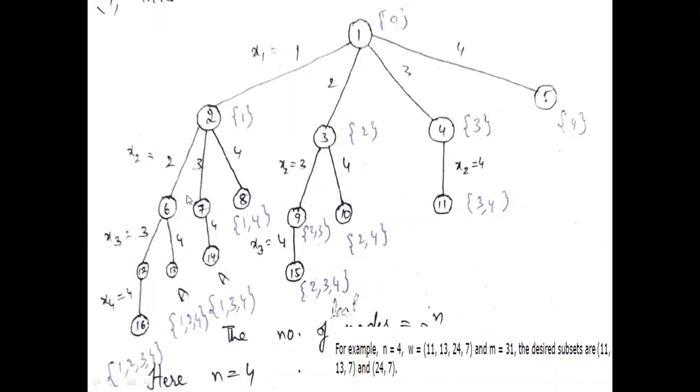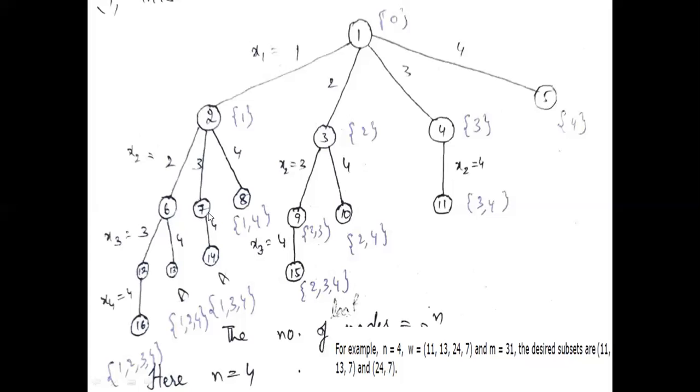The sixth node means the sum of the first two elements, that is 11 plus 13, which is 24. So the sixth node represents 24.